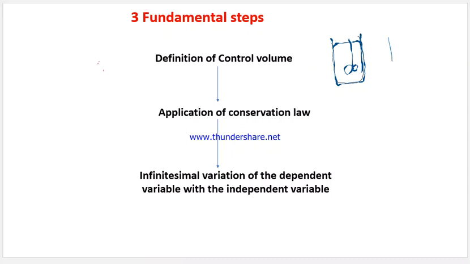But if it is not well mixed, or in one way or the other it is not uniform, then we have to take a portion where our parameter is uniform. That will be our control volume. So control volume is just a space of interest where our parameter is uniform, whether concentration, temperature, or whatever.